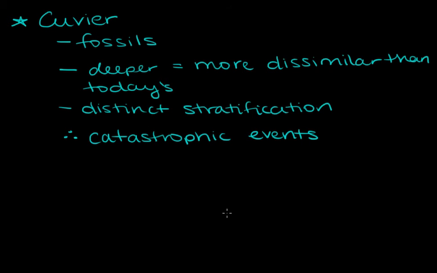That would explain why the deeper you go, it's more dissimilar, and that explains the layers. That's what he thought. And so this aligns with the Noah's Ark story in the Bible.